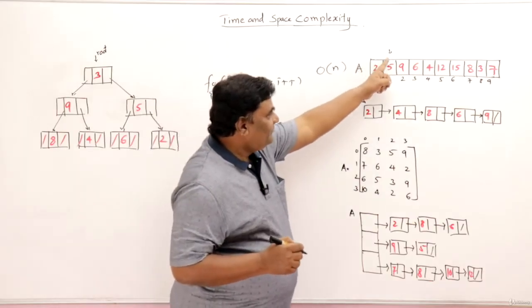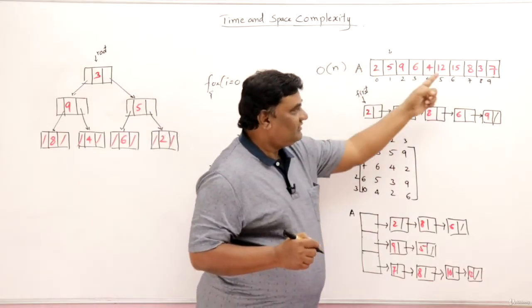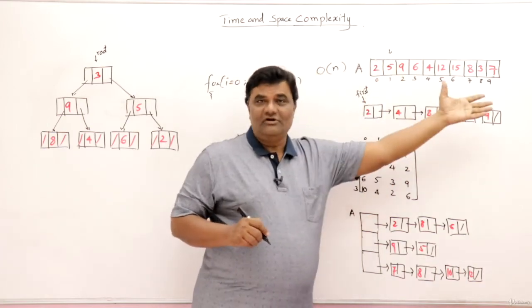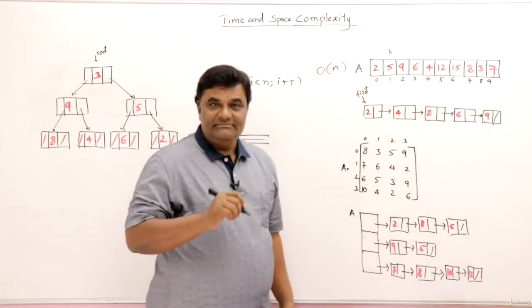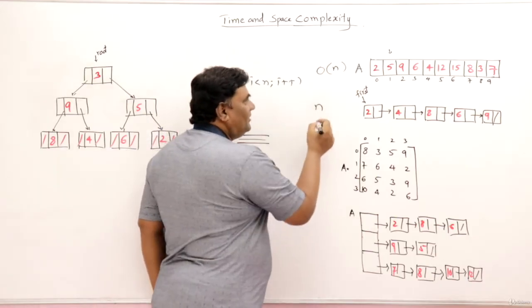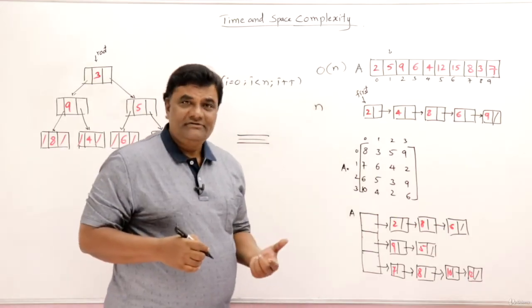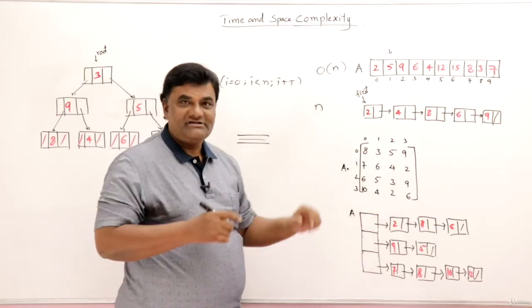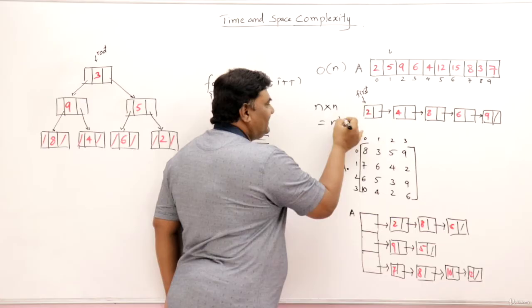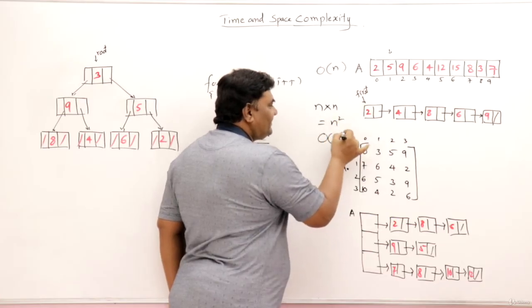So for one value it will check for all, means n elements. Then for the next value also, if it is processing for all, then n elements. But how many times? For each element, n elements are processed. So this will be n into n, that is n square. So we can say order of n square.